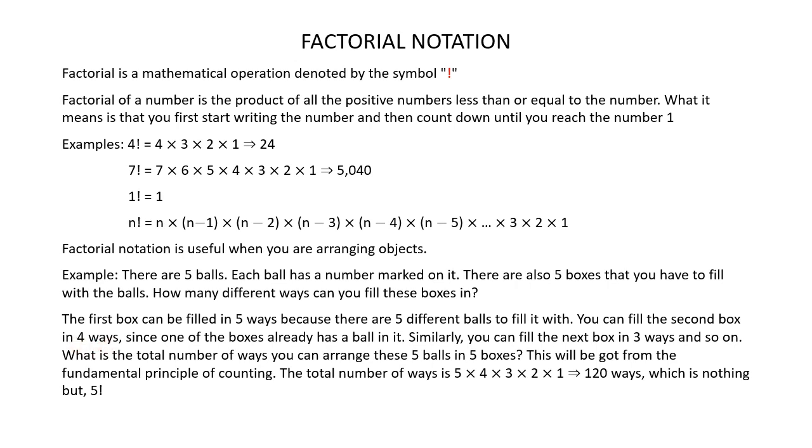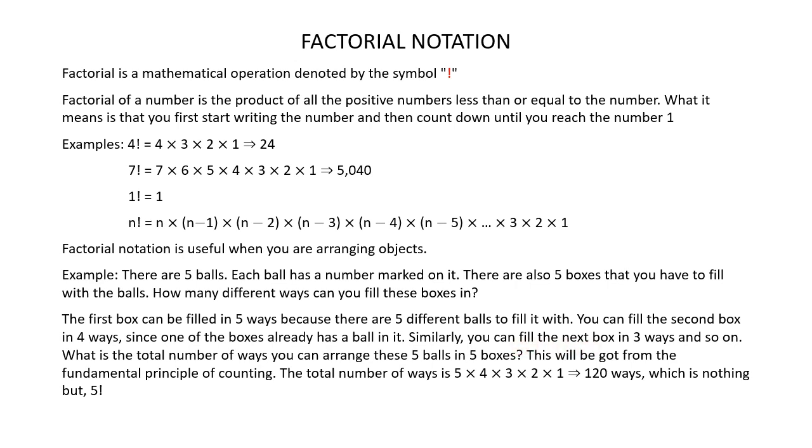Now the first box has 1 ball, the second box has 1 ball. So now you are left with 3 balls. So you can fill the third box in 3 ways because you have a choice of only 3 balls. Now the first box has 1 ball, second box has 1 ball, and the third box has 1 ball.